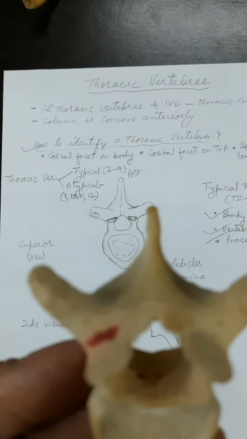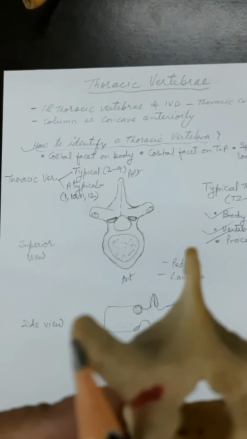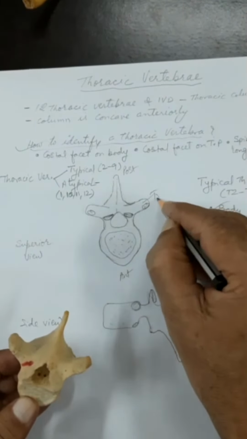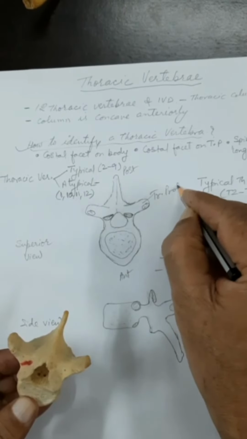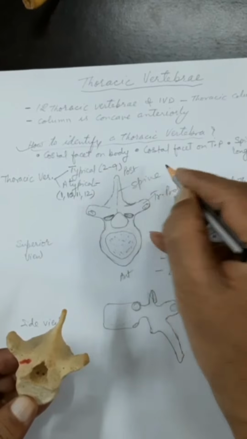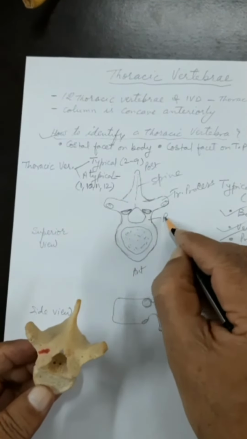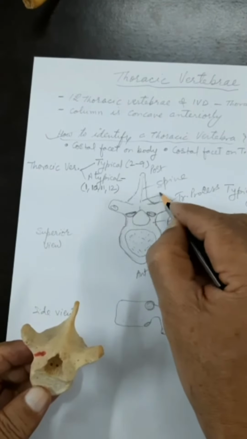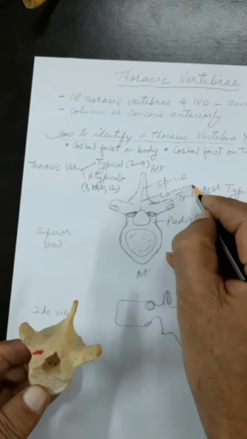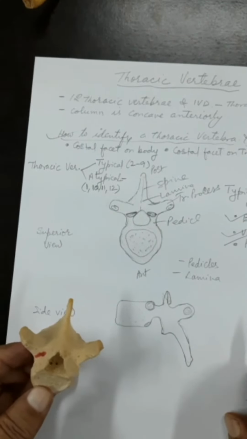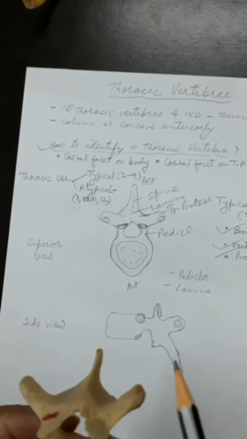The other two processes are the transverse processes, right and left. So this is the transverse process, and this is the spine or spinous process. This was the pedicle and this was the lamina. Just draw a rough diagram in your notebook and keep following me.